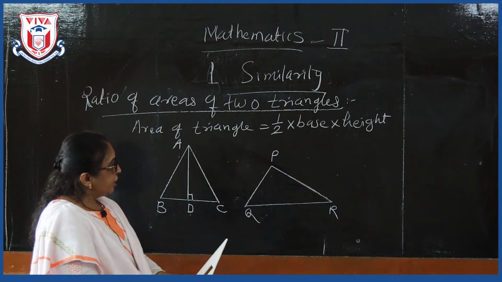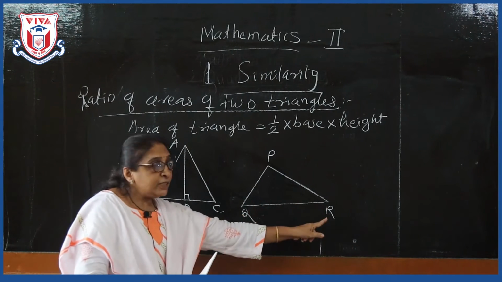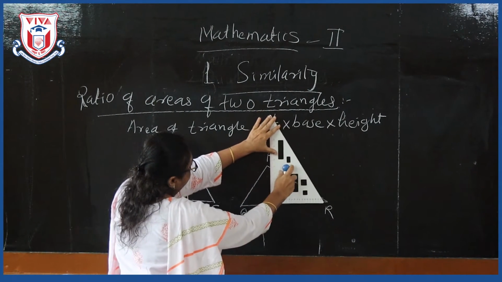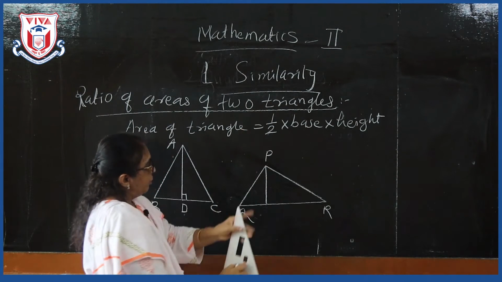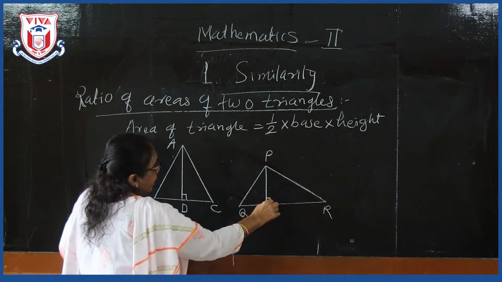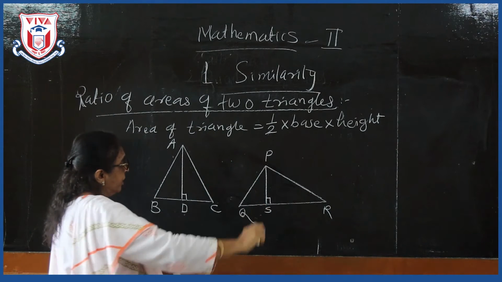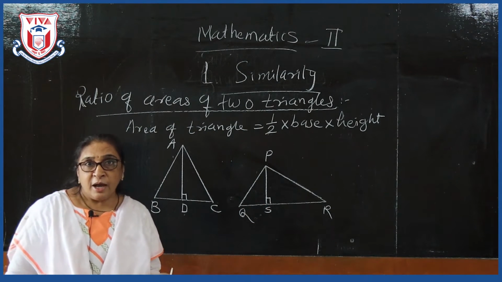Let's draw the height on this base QR from the opposite vertex P. Suppose PS is the height.